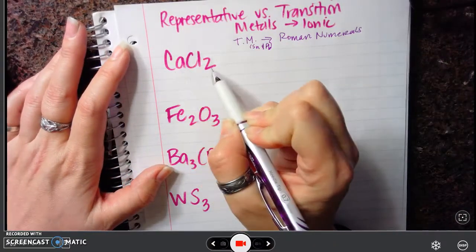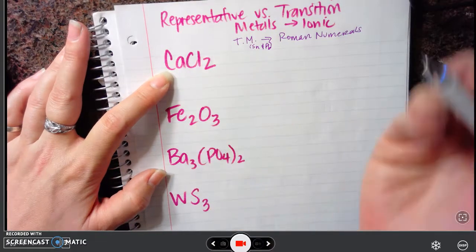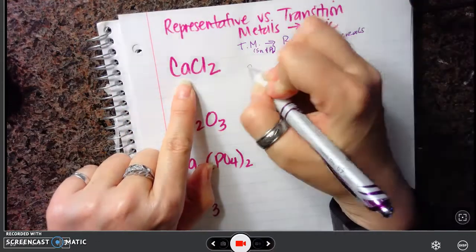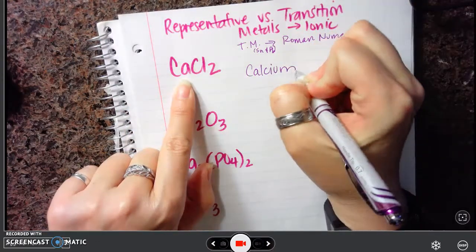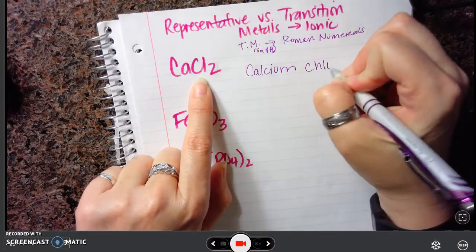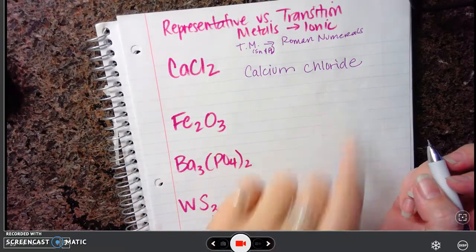So if we have CaCl2, calcium lives in group 2 on the periodic table, so it's not going to get Roman numerals. All we do is name our cation, calcium, and then Cl is chlorine, which becomes chloride. So this one's just called calcium chloride.